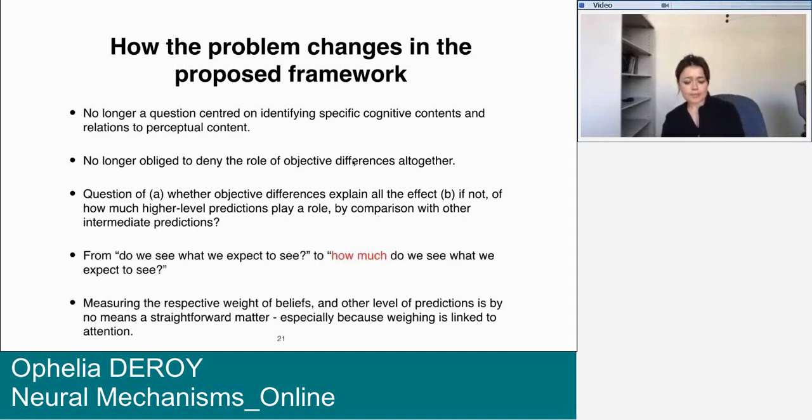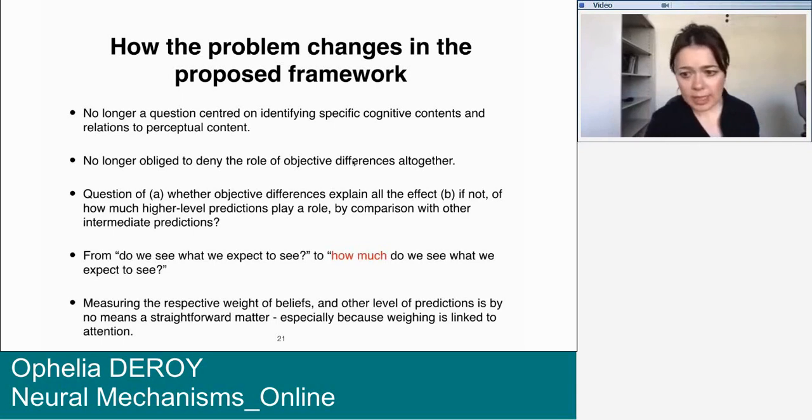Now, having this graded version certainly makes the problem, I think, more robust, and something we can investigate hand in hand with cognitive neuroscientists more thoroughly than the categorical yes or no. But it will be no trivial matter to do so, because establishing exactly which weight each level has on a certain effect is not trivial, especially because the weighting is strongly linked in this account to precision and attention.